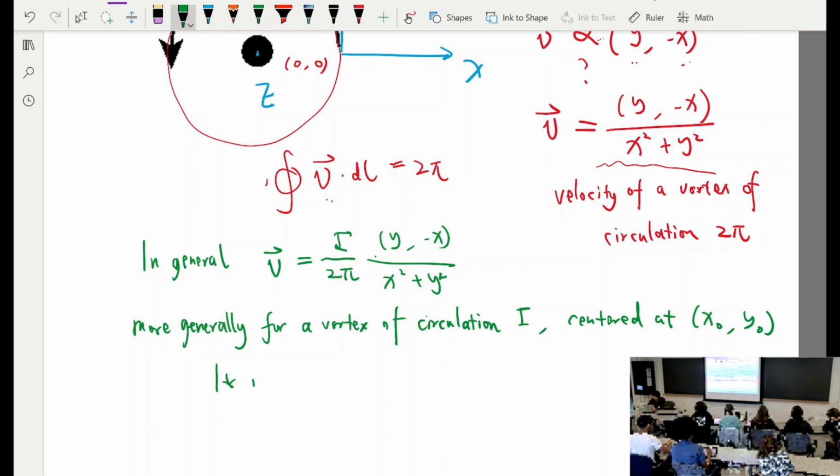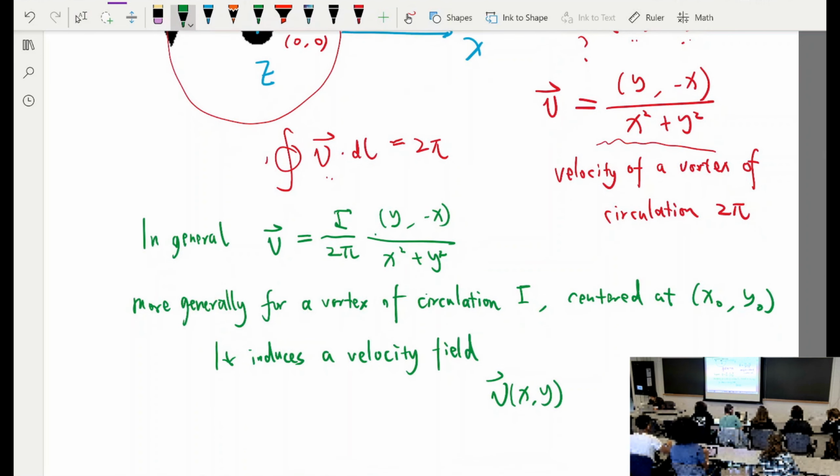It induces a velocity field, let's say v is a function of x and y, that is equal to, let me just write out the two components very carefully.